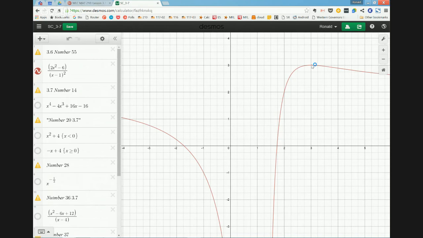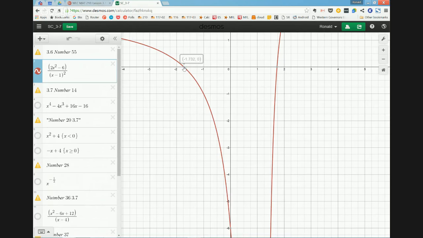What did we say? 3, 3. Sure enough, here's where 3, 3 is. Why was that a special point? Because that was the high point, right? And then our y-intercept. So now you're probably wondering, why did we have a point here? That's negative the square root of 3. And then remember we had an intercept right here.